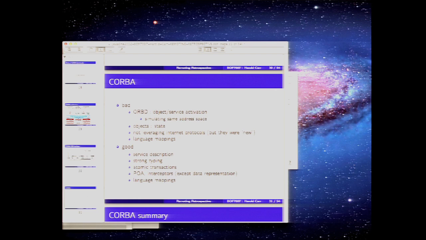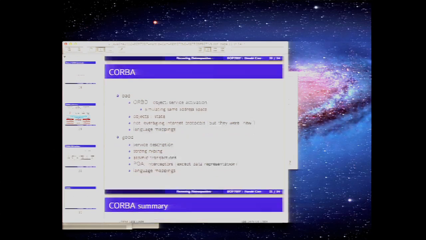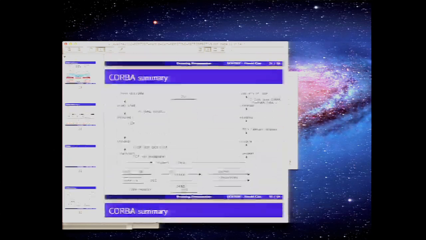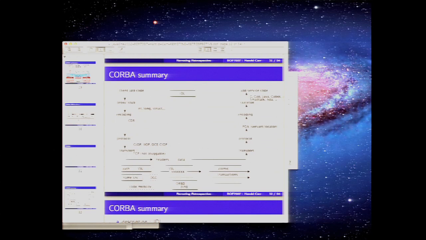And it turns out telcos love that particular feature. They use that quite a bit. And the language mapping, okay. So there's the CORBA summary. The main thing it didn't have was the distributed garbage collection and the code mobility.